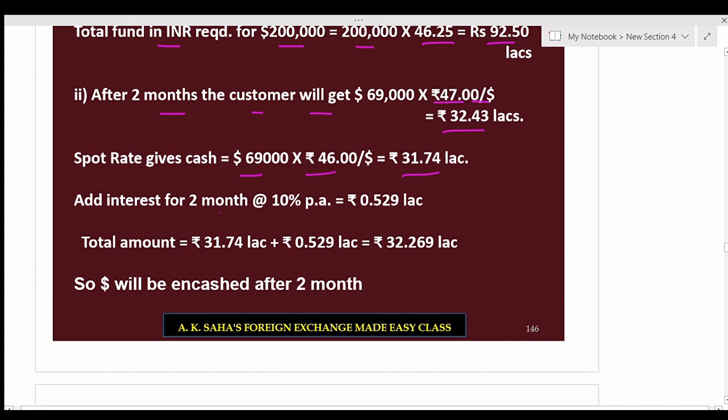Add interest for 2 months at the rate of 10% per annum, which is rupees 0.529 lakhs. You add these two, you will get 32.269 lakhs. So the dollar will be encashed after 2 months because the encash amount after 2 months is 32.43 lakhs, and the encash amount in spot and investment comes to rupees 32.269 lakhs. So it will be encashed after 2 months.